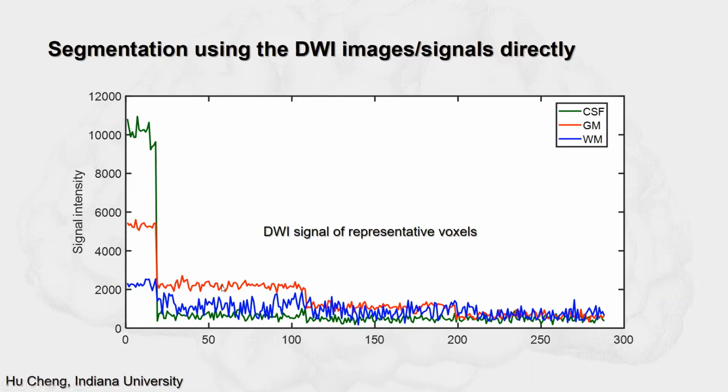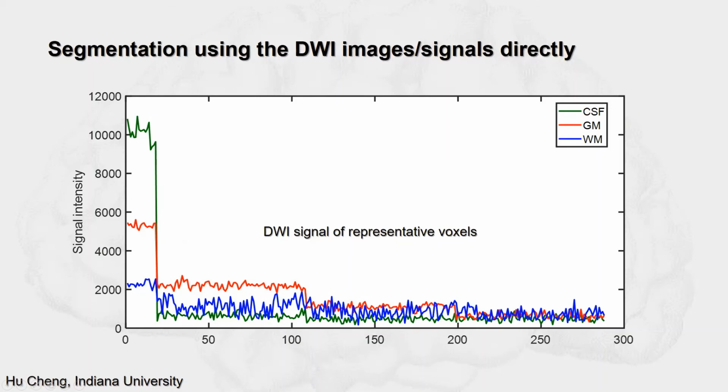They are quite different. CSF has a big drop, and for white matter, the fluctuation is much larger than for CSF and gray matter.